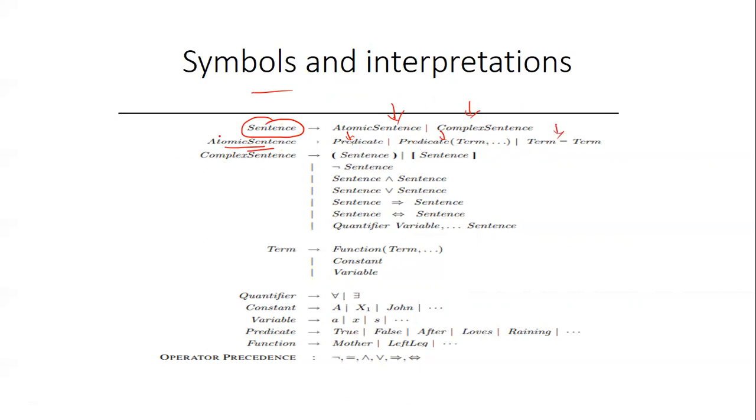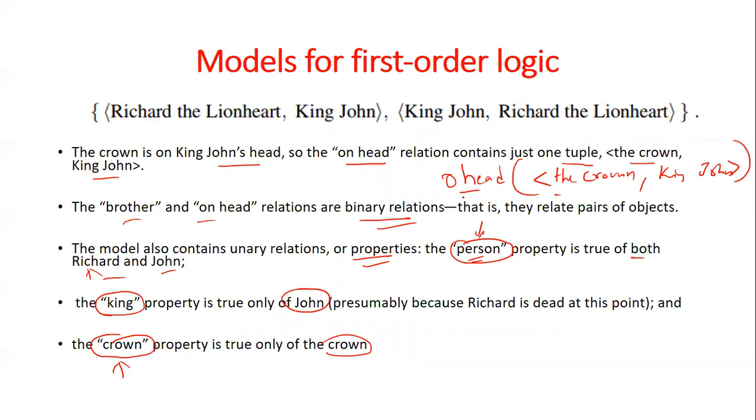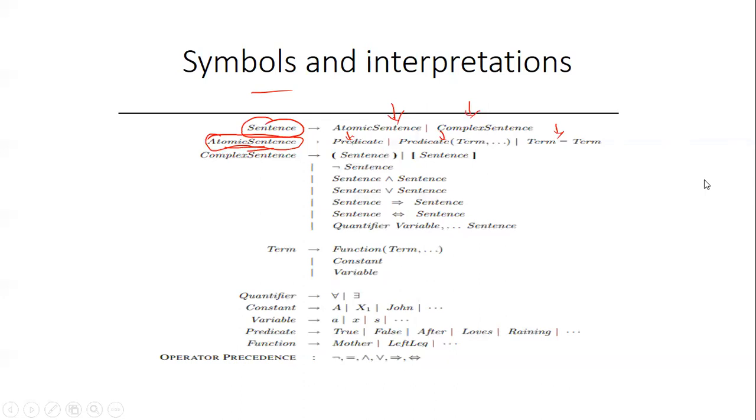For example, here left leg is a predicate, and on head is a predicate with parameters. Richard is a term, a constant. John is a term, a constant.